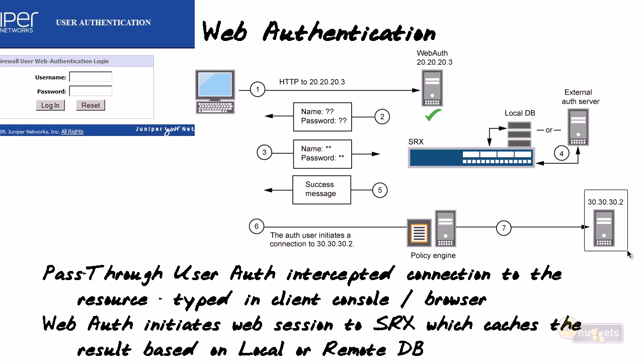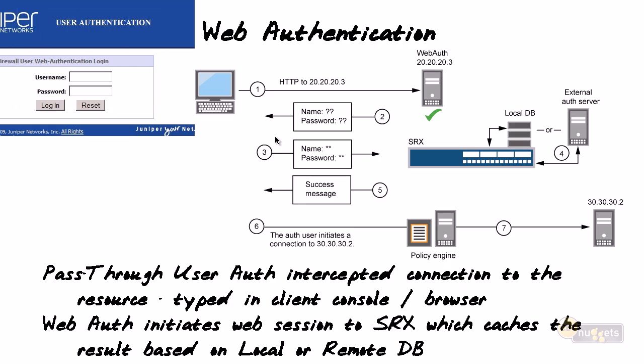Okay, intercepted this. Here, though, it's going to be actually HTTP to this address. And then, of course, we will cache the result based on our local database or our external authentication server or Radius server. And by the way, what will be presented to the end user here is this kind of default user authentication web auth window.